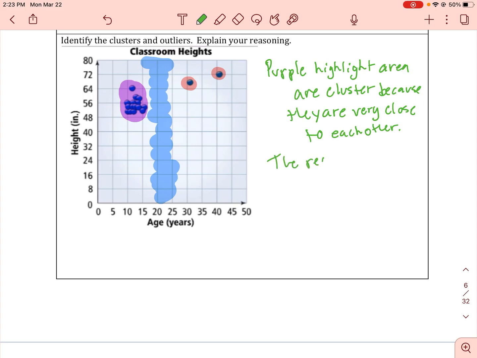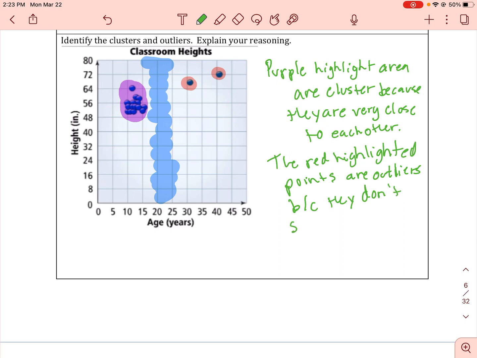The red highlighted points, I should say, are outliers because they don't seem to fit with the other data points. If you use a different highlighting color, then go ahead and change whatever. I said purple and red, change whatever you used.